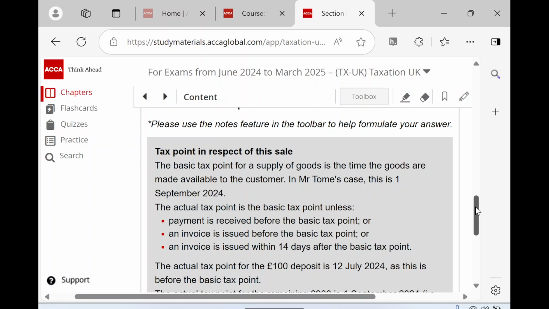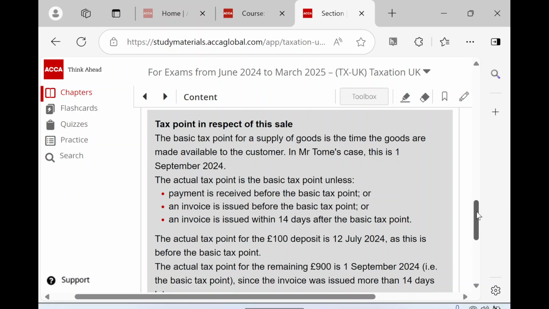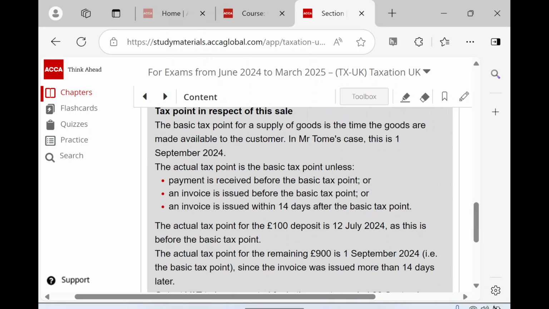Okay, so let's deal with this in terms of the first and indeed the second payment. What they do, which I think is quite useful here, is lay out these areas in relation to the basic versus, note, the actual tax point, what we need to rote learn.